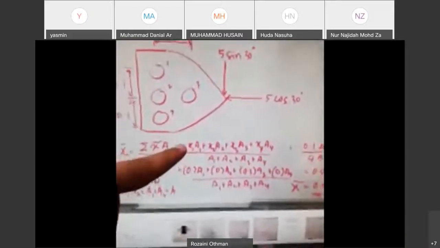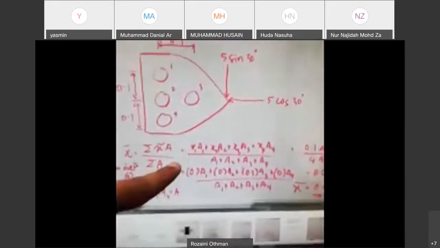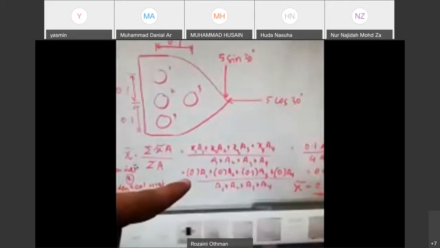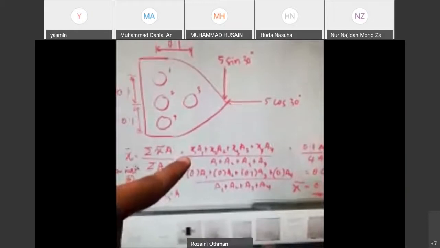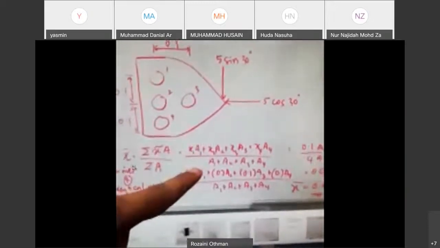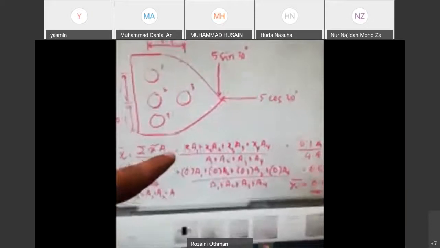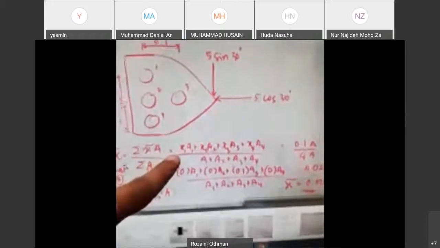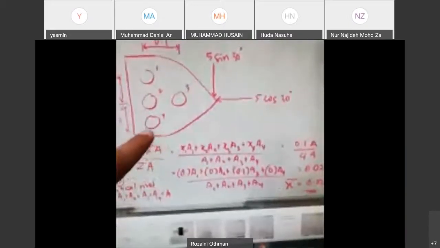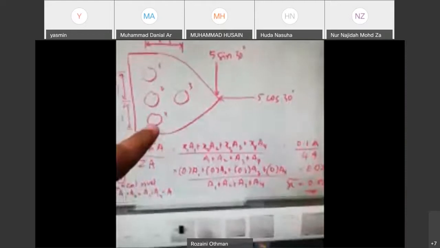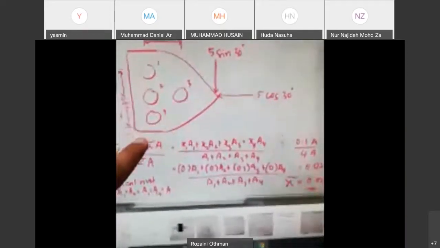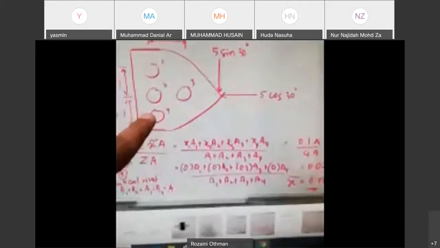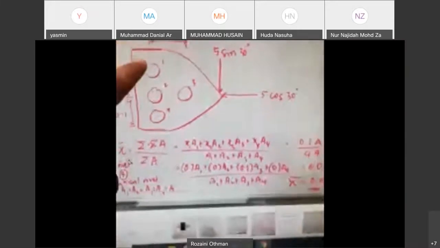Now, X1, what does it mean by X1? X1 is actually the distance from rivet number 4 to rivet number 1 in the X direction. Okay, X1, I repeat, is the X direction distance from the reference to rivet number 1. The reference is rivet number 4, and this is rivet number 1.